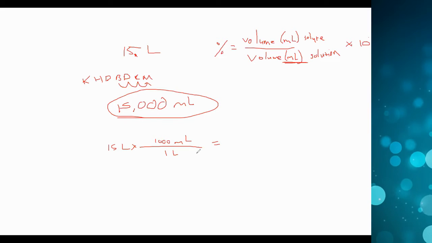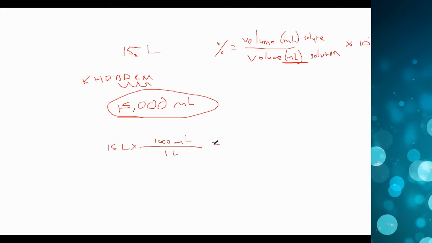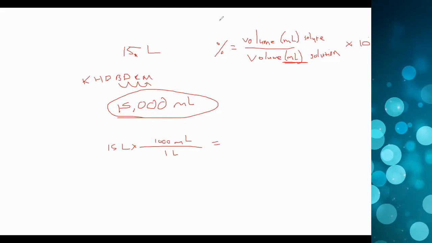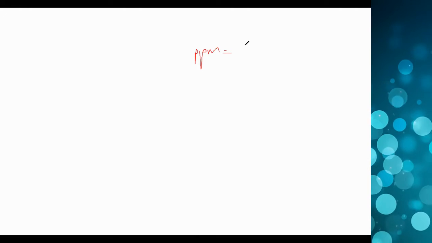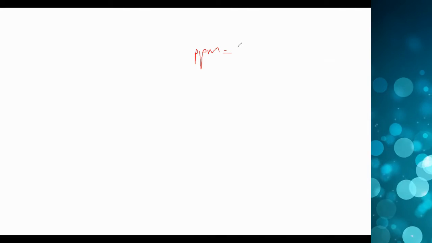Okay, the other equation we haven't looked at is ppm, but ppm is very similar to the percent one we just did. So ppm is equal to, again, we could do mass or volume.